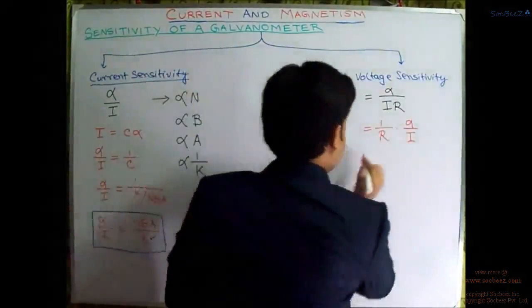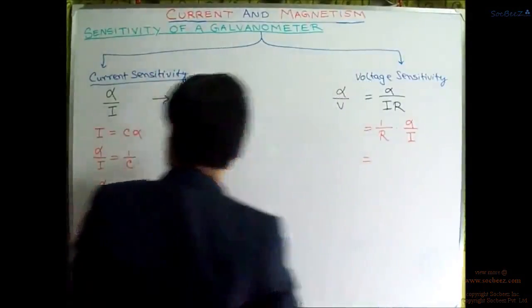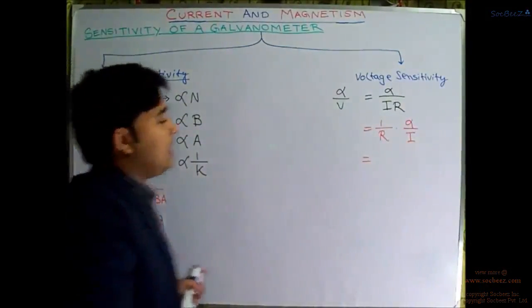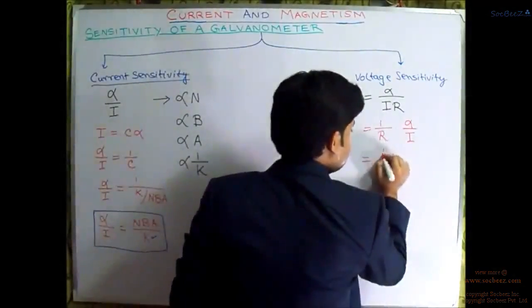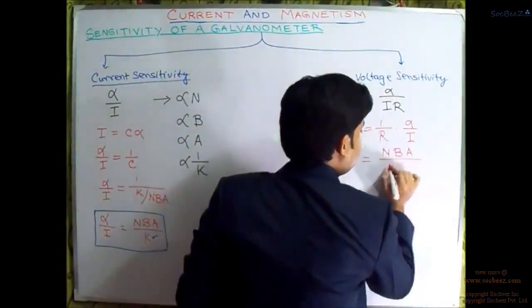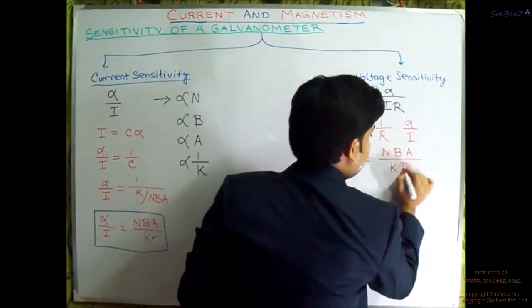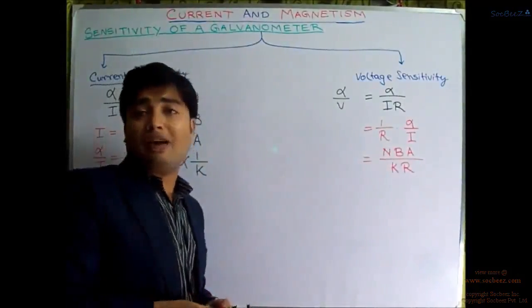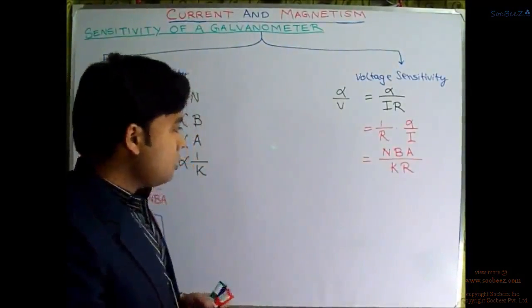So, as alpha by I was equal to NBA divided by K, we can write it as NBA divided by KR, where R is the resistance of this galvanometer, right?